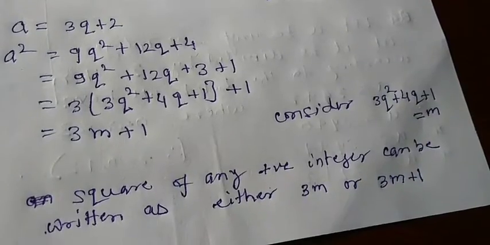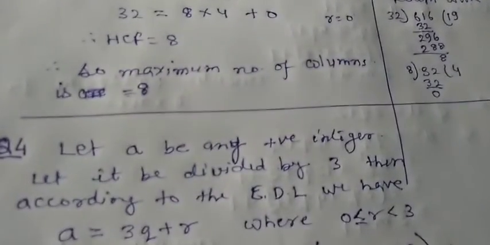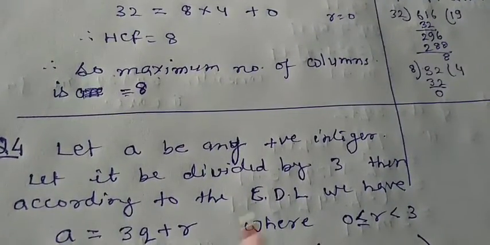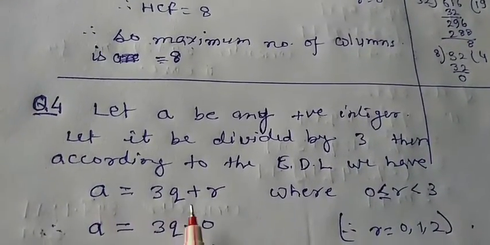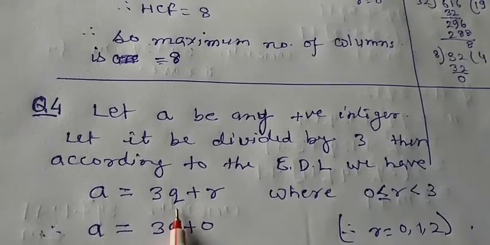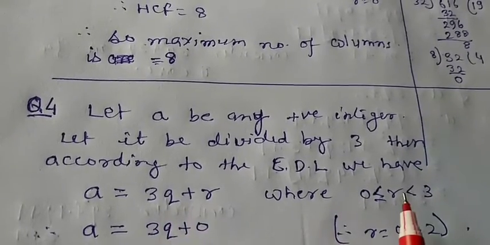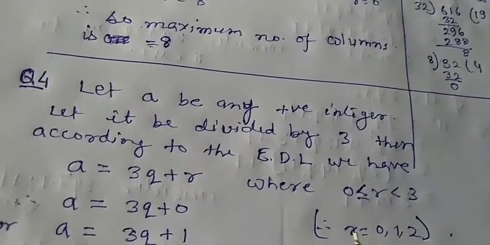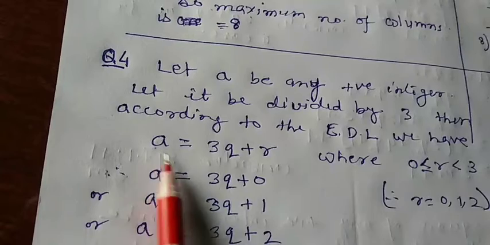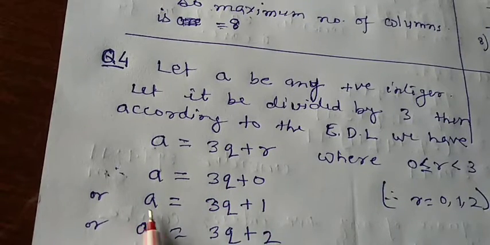If we divide any number a by 3, according to Euclid's division lemma we get a is equal to 3q plus r, where the remainder is less than 3 but greater than or equal to 0. So it may be 0, 1, or 2, and we can write a is equal to 3q plus 0, or 3q plus 1, or 3q plus 2.